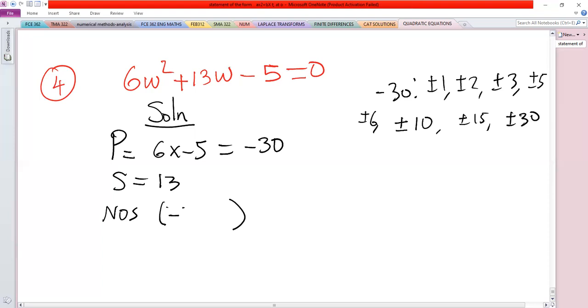So the two numbers which will give us this result, you can check, should be minus 2 and positive 15.